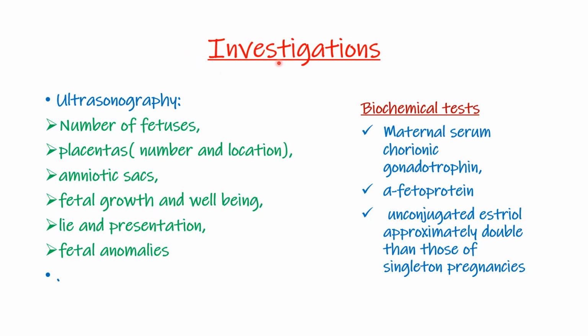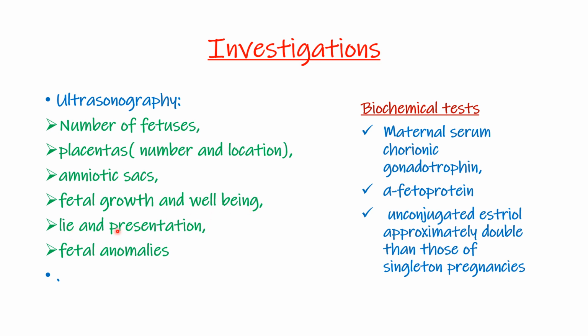So in terms of investigation, obviously ultrasound is very important in terms of detecting multiple fetuses, detecting the placenta, and determining how many placentas we have and the location of the placenta, among others. Also determining the amniotic sac, and determining fetal growth and fetal well-being. Do we have growth restriction? Do we have twin to twin transfusion?